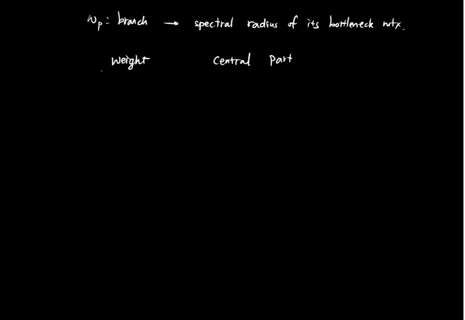And historically, in the literature, if you use WD, then the central part is called the center. That's why we put quotation marks on the center, because center actually has a particular meaning. Okay, and if you do WV, counting the number of vertices, then we call that a centroid.